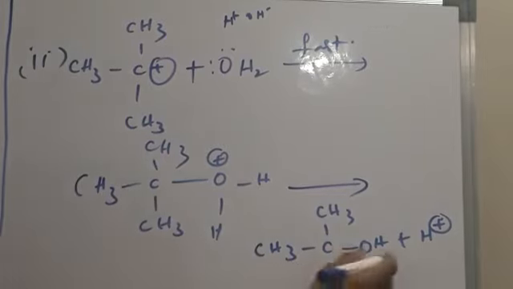Okay. So this is tertiary butyl alcohol. Okay. And the H plus ion released in the second step combines with the Br minus ion and finally we get HBr.